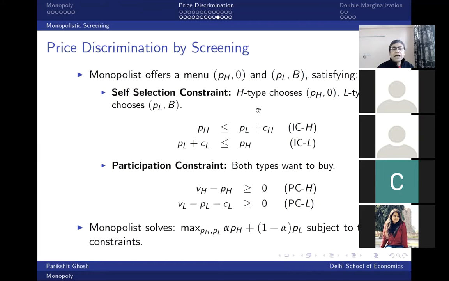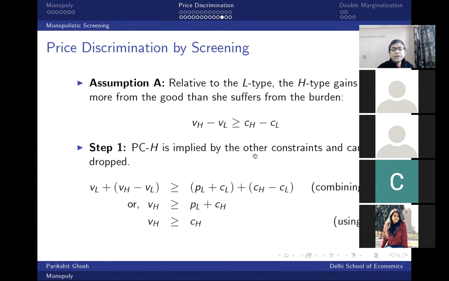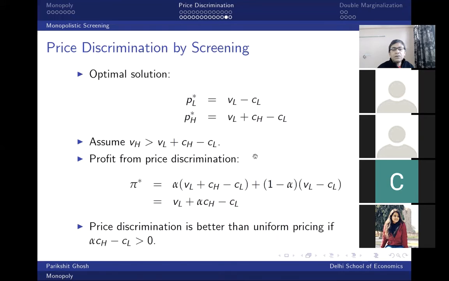Since there are 2 variables, pH and PL, those 2 equality constraints immediately give a unique solution. So this is that unique solution. It's coming from the binding incentive constraint of the high type and the binding participation constraint of the low type.